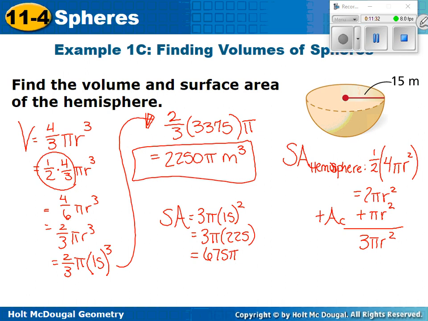Is that correct? Everybody good with that? What are my units? Meters squared. Okay, so again, don't get caught up in having to memorize 3 pi r squared. Just do half your sphere, add in your great circle.